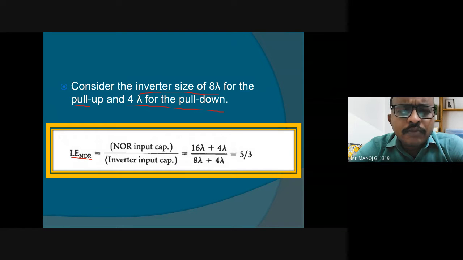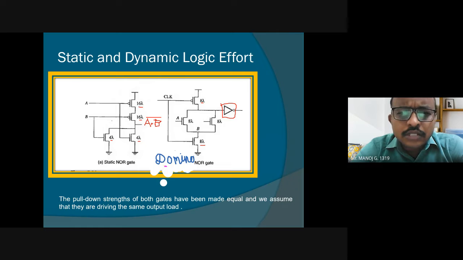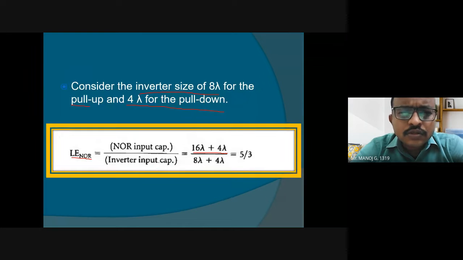The NOR gate inputs are totally taken as 16 lambda plus 4 lambda. That is the total transistor sizing, which comes to around 20 lambda.